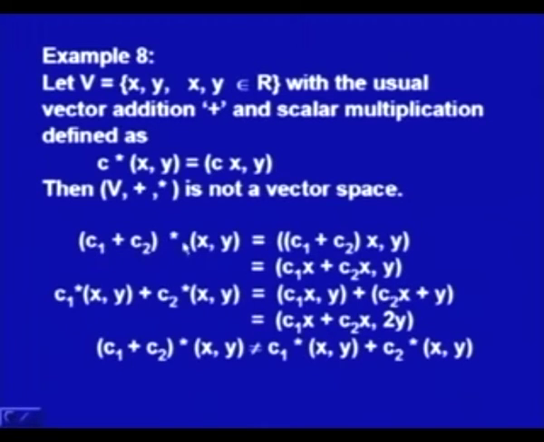You can check (c1 plus c2) star x comma y is equal to (c1 plus c2) x comma y. So, this is only the first component being multiplied. So, it becomes c1x plus c2x, y.